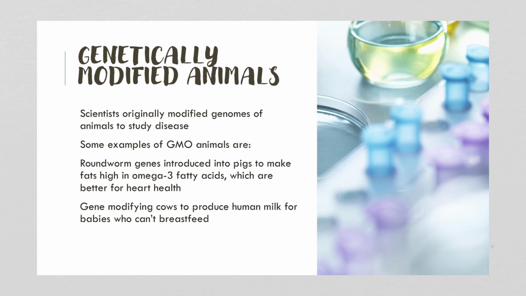There are some other examples of genetically modified animals. Some pigs have had roundworm genes introduced into them to make fats that are higher in omega-3 fatty acids, which is a much healthier fat, and that makes it better for your heart health. They've also tried modifying cows to produce human milk for babies who can't breastfeed.